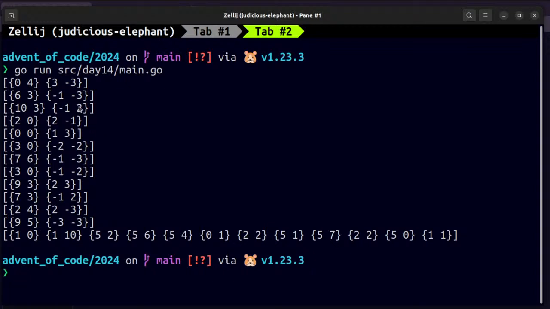So that is 0, 1, 2, 3, 4, 5, 6, 7, 8, 9 and 10th element.